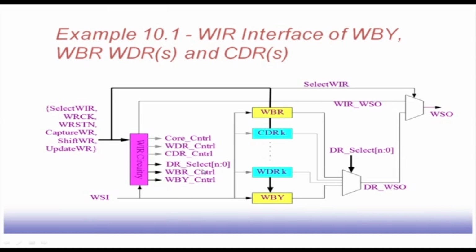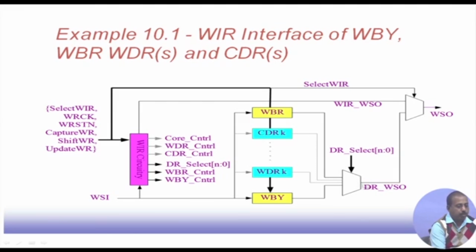Suppose the DR select, WBR control and W bypass control are activated. Then this part will be getting the data. These controls are activated, but the CDRs are not activated. The value coming from this WBR goes to this multiplexer, and now this DR select will select which WBR we want to send.